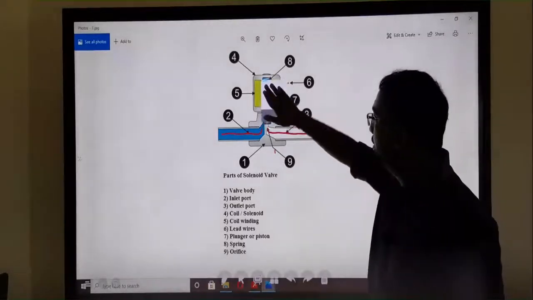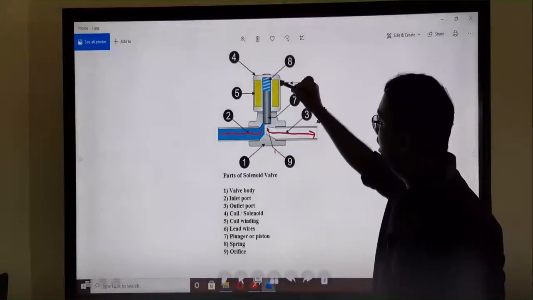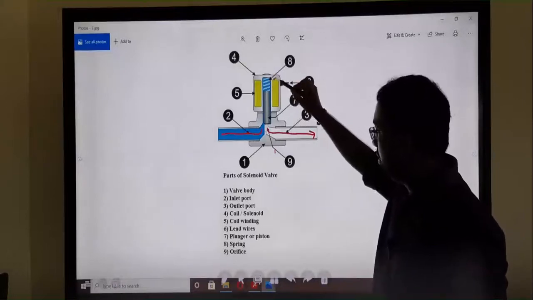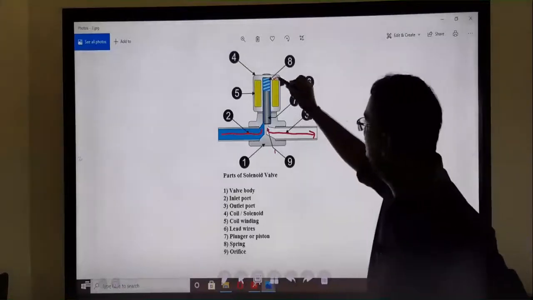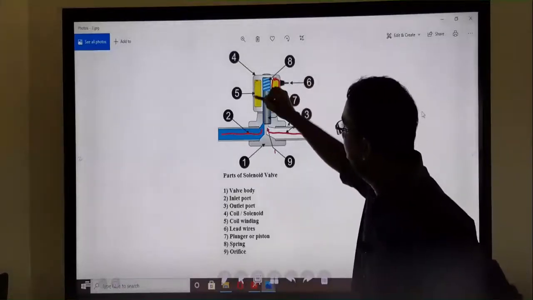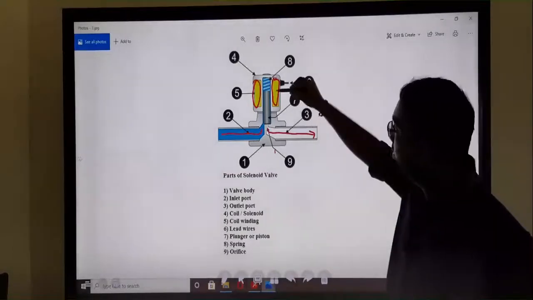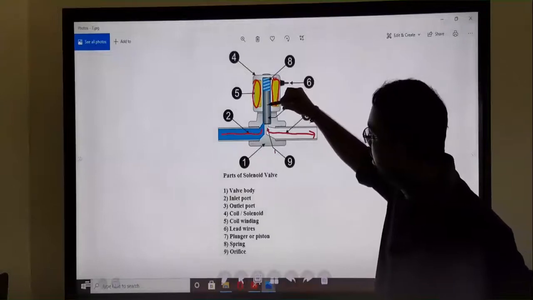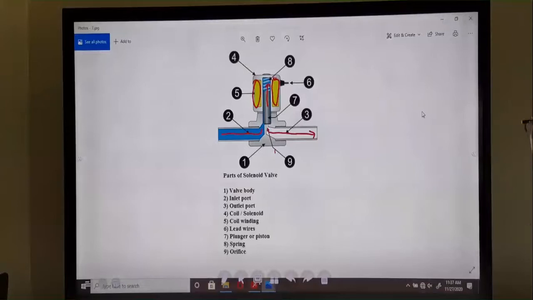How does this type of function happen? When electrical current energizes the coil winding, these two coil windings are energized. That time, the plunger is induced, or attracted, by these windings.